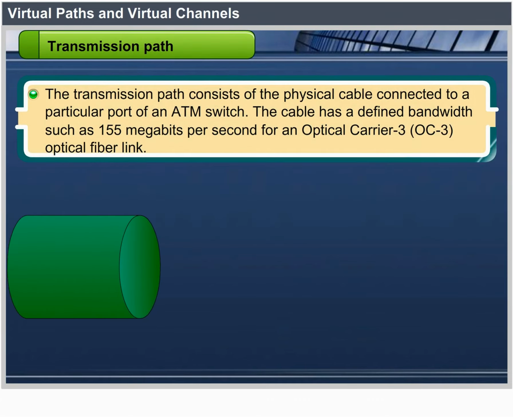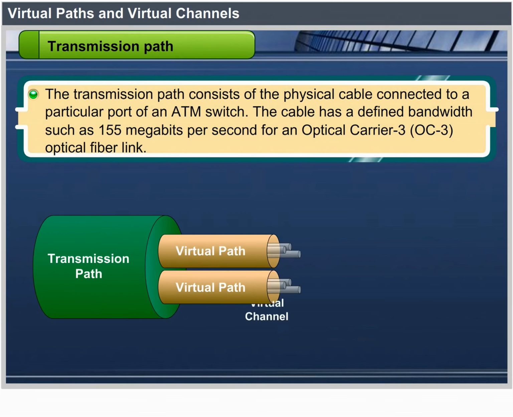Virtual channel. The bandwidth of a virtual path is logically divided into separate virtual channels using a virtual channel identifier in the ATM header. Unlike virtual paths, virtual channels share the bandwidth dynamically within a virtual path.